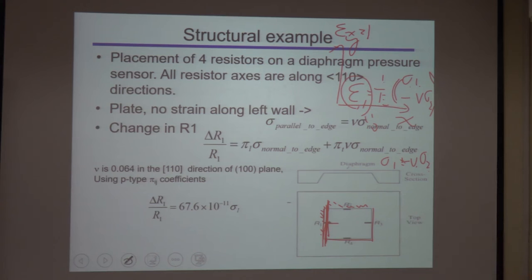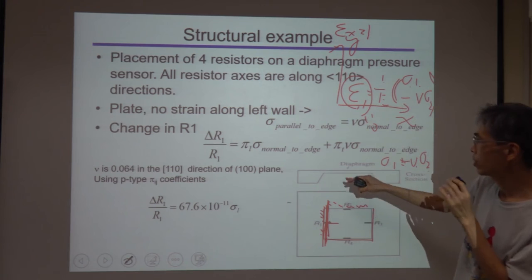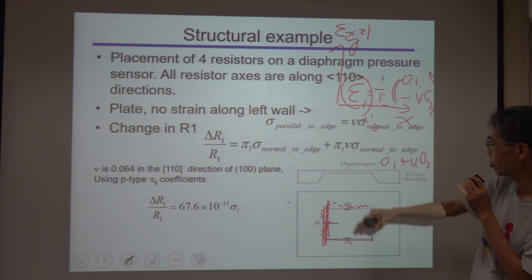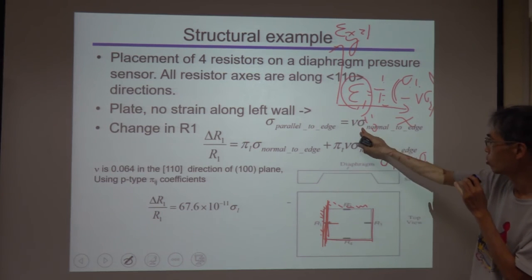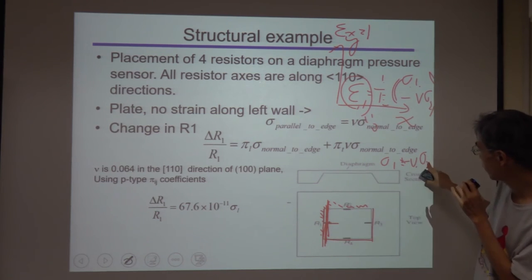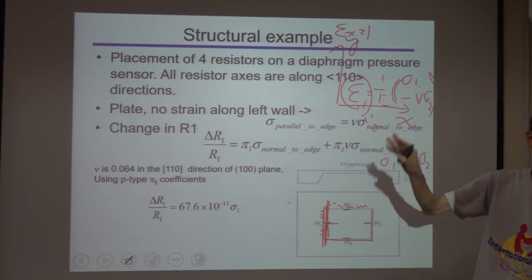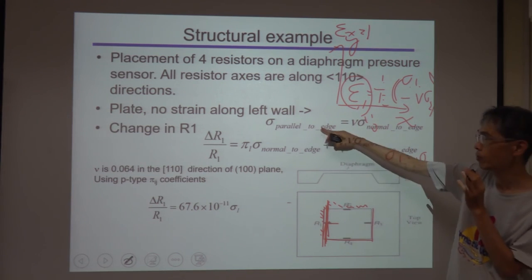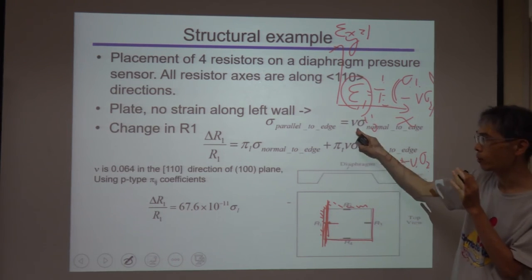Volume on, camera on. Let's begin. So, see, parallel to the edge, the stress sigma 1 equals nu sigma 2, normal to this edge. So for the four edges, we have this relation.